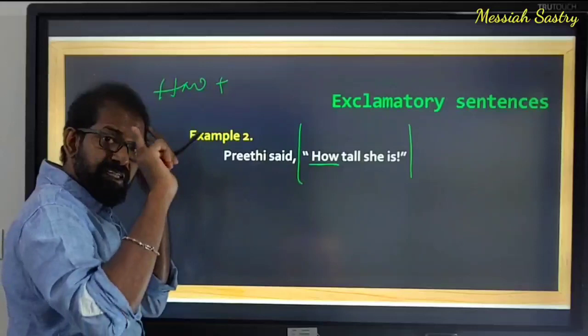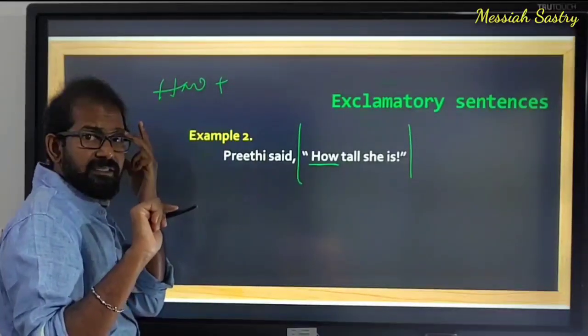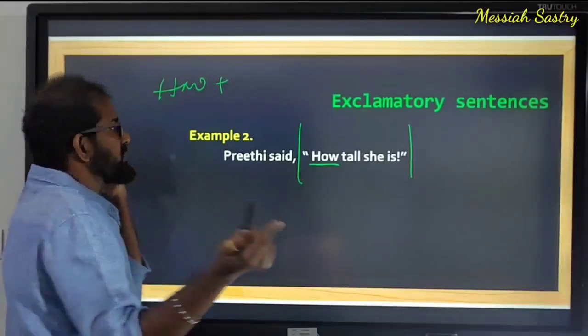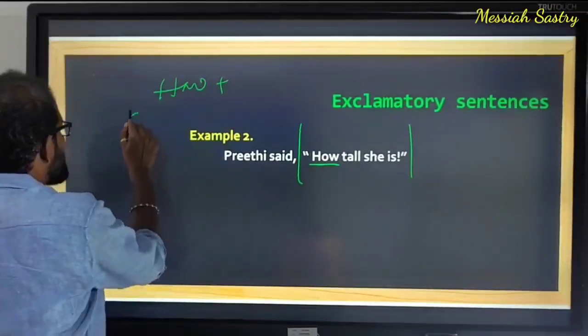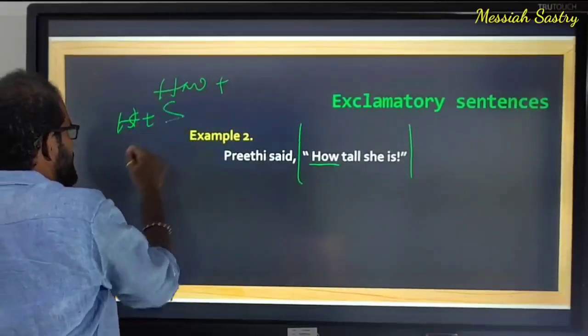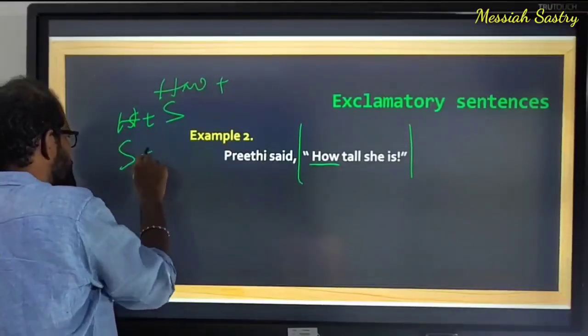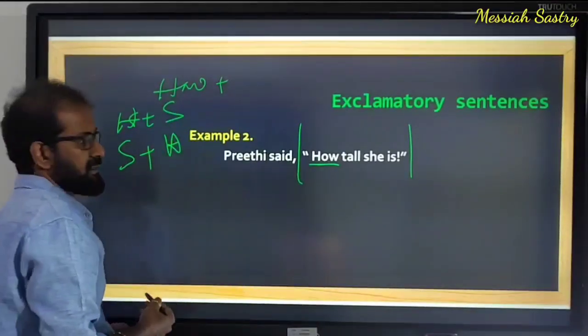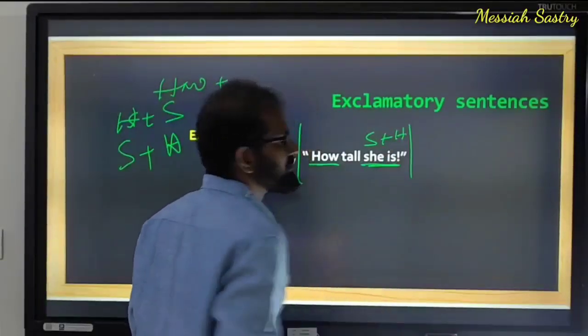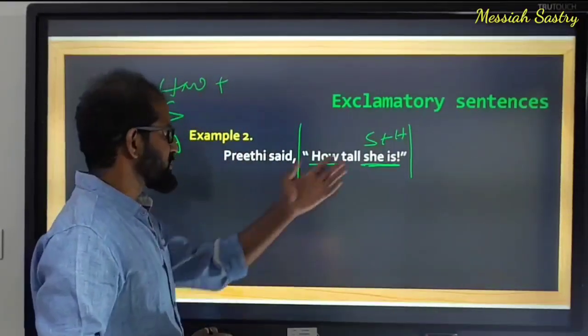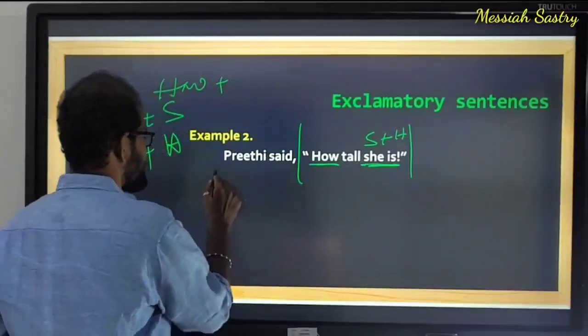If there is an inversion, it becomes an open interrogative sentence. If there is no inversion, then it is an exclamatory sentence. What is inversion? Helping verb plus subject. No inversion means subject plus helping verb. Here, she is is subject plus helping verb. So no inversion, so it is an exclamatory sentence.